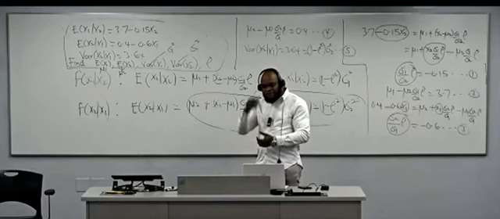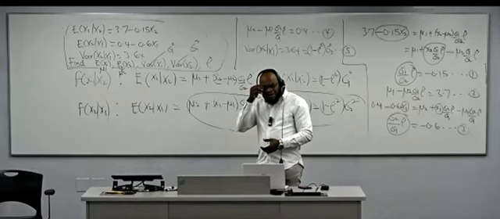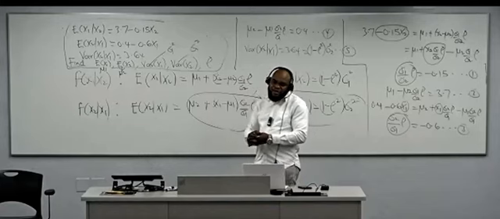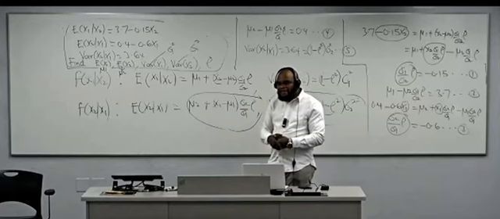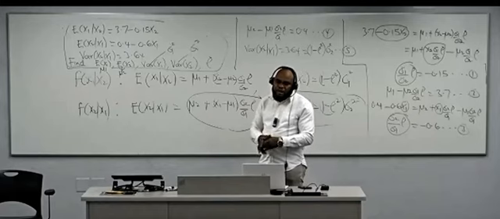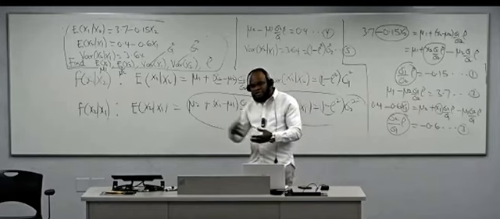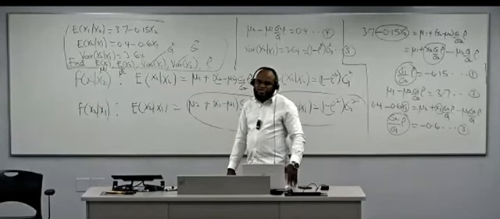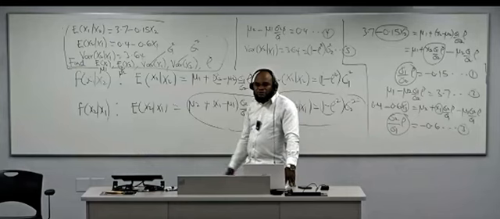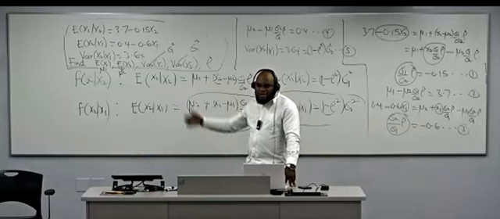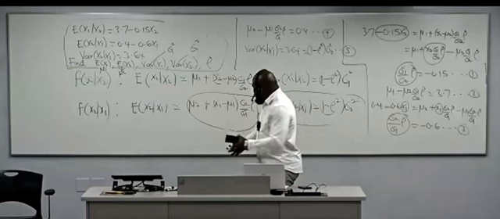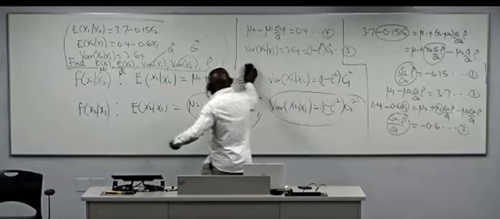If x is the survival time of patients that were subjected to a certain medication, and y is the survival time of another group of patients subjected to a different kind of medication, what is the probability that the survival time of one group is going to be more than the other group? I want to talk about that one now.